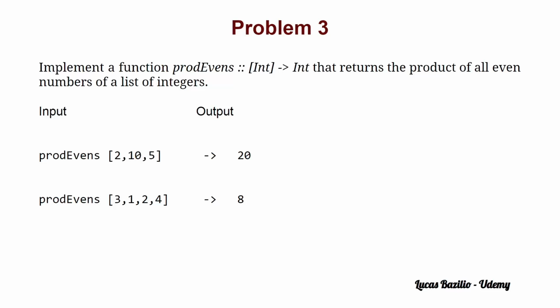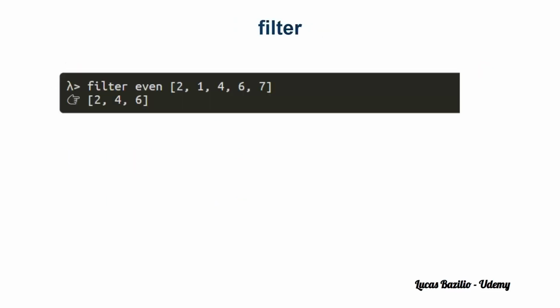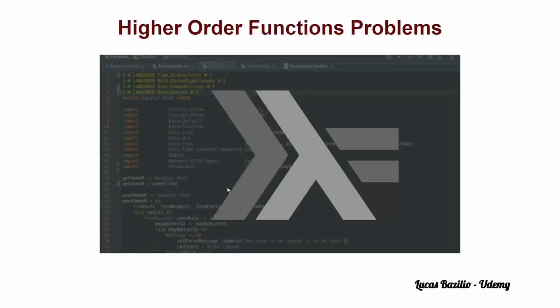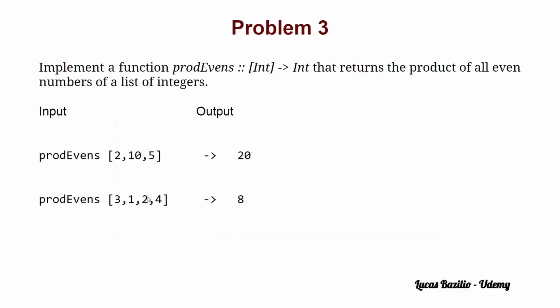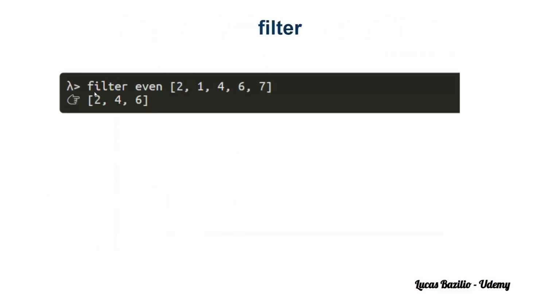So we need to first filter them. To do this, we will use a higher order function named filter. This is a predefined function in Haskell that you can use anytime in the interpreter. Keep in mind that we are in the section on higher order function problems, so indeed we will need to use a higher order function here. So here we will use filter.